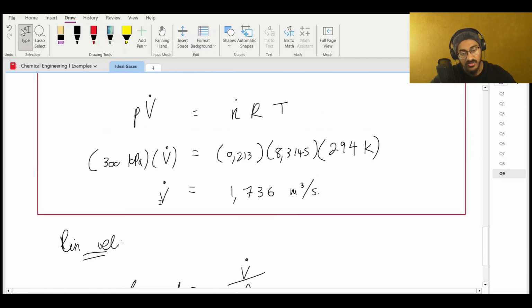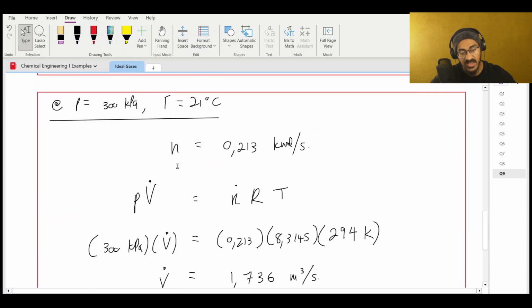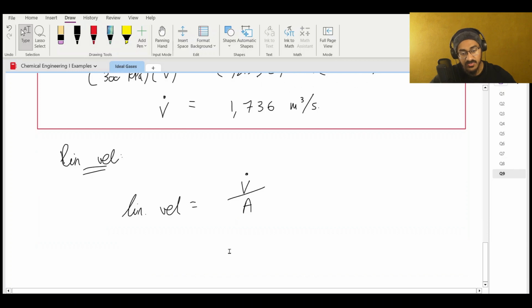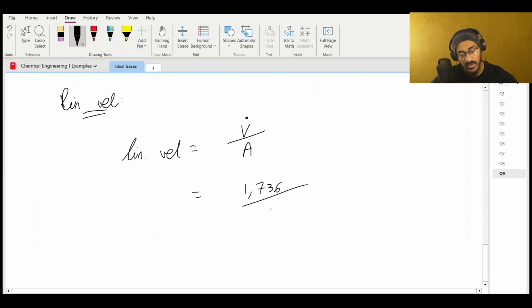And remember, I've got the volumetric flow rate at the desired pressure and temperature. At this pressure and temperature, my volumetric flow rate was 1.736, and the area of the pipe is pi over 4 multiplied by the diameter, remember, 200 millimeters, which is 0.2 meters, squared.